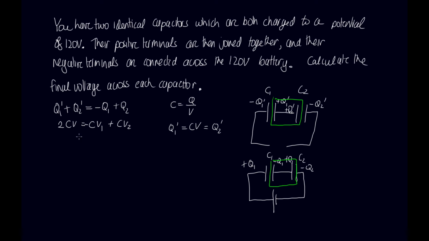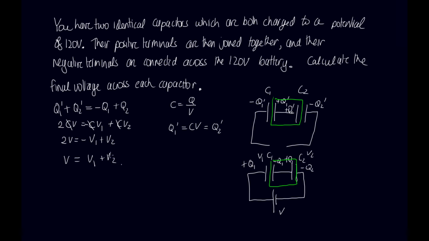So you can see our capacitances cancel out, and we've got an equation 2V is equal to negative V1 plus V2. Now, the other equation we can write for voltage, considering this final arrangement, is the battery supplying a voltage V, which we have a potential difference of V1 across this capacitor and V2 across this capacitor. So we know that V must equal V1 plus V2.